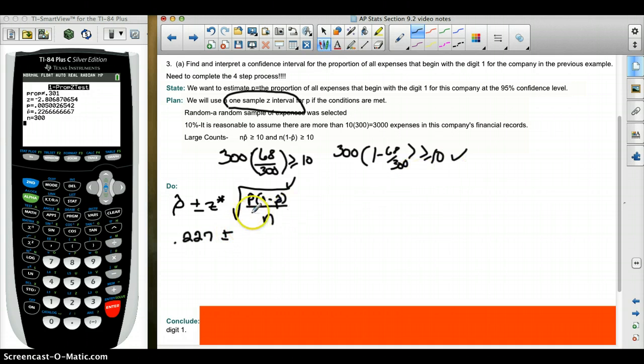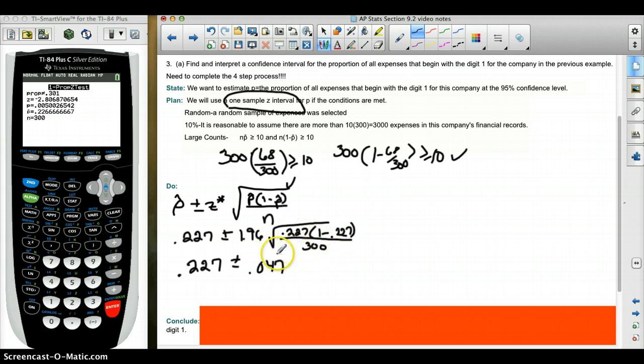We're doing 95% confidence, so z star is 1.96, times the square root of 0.227 times 1 minus 0.227 all over our sample size of 300. You end up having 0.227 plus or minus 0.047.